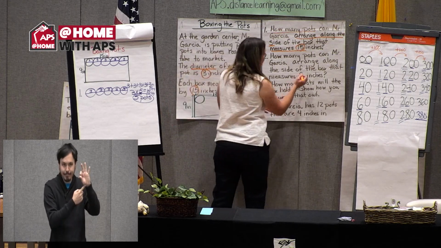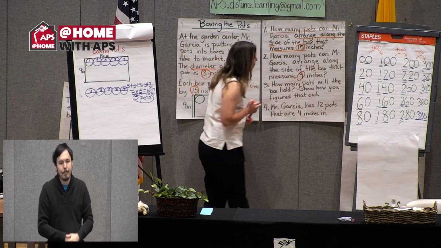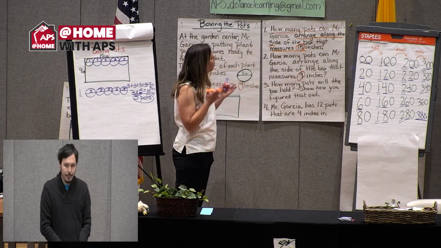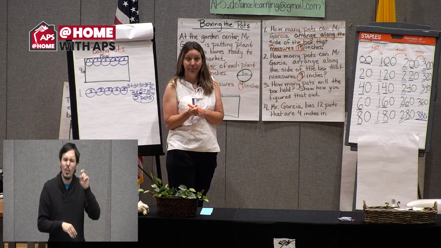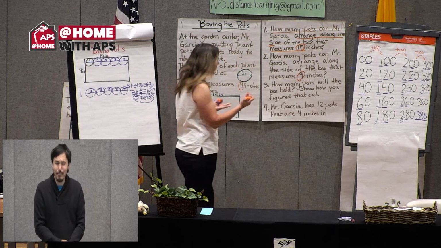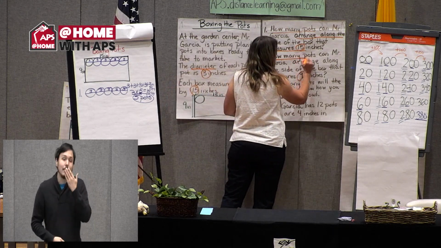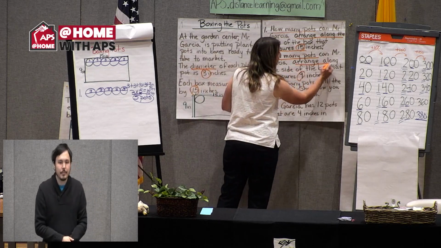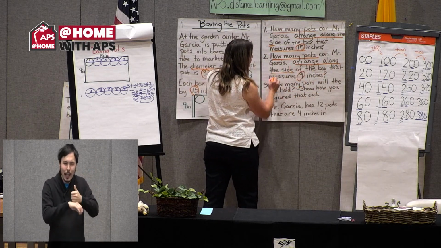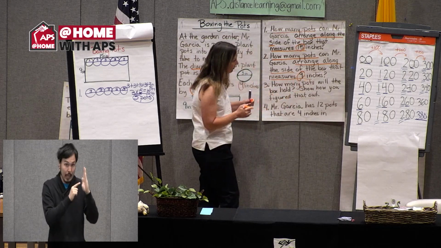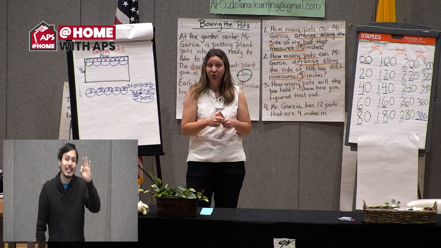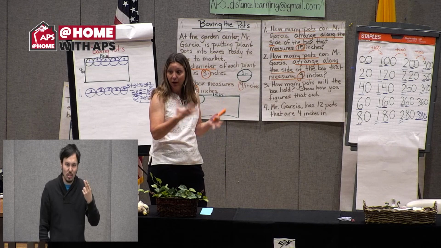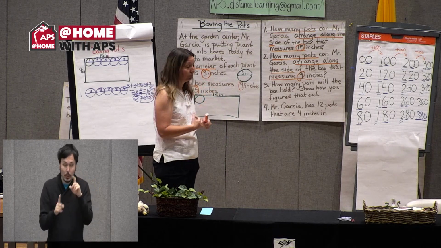So I'm going to go ahead and circle that. And then what question are we being asked? How many pots? Thank you. I appreciate the input. Arranged along the side that measures 9 inches. It's not just 1 or 2 words that we have to figure out. We have a lot of information here that we have to work with.